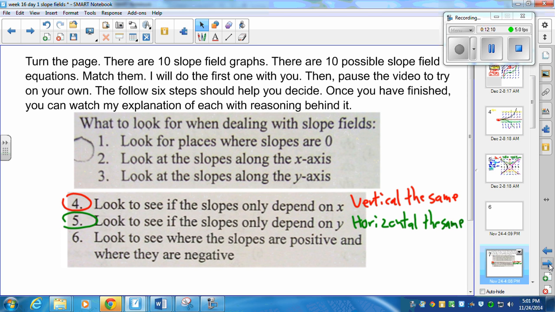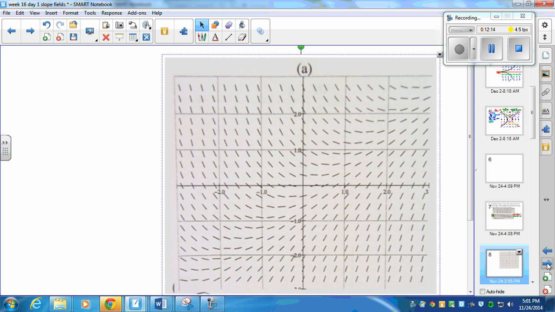Okay, so let's look at one of them together first. So I pulled up A. Okay, so we have slope field A. My goal is to try and help us find which slope field equation it fits. And of those 6 ideas that I told you, the first one is probably honestly the biggest, most important one to do.